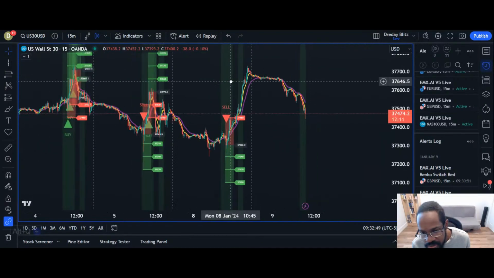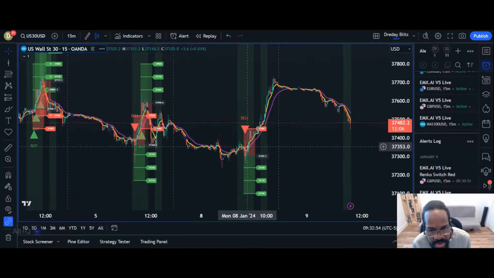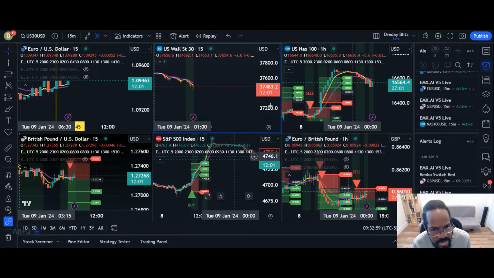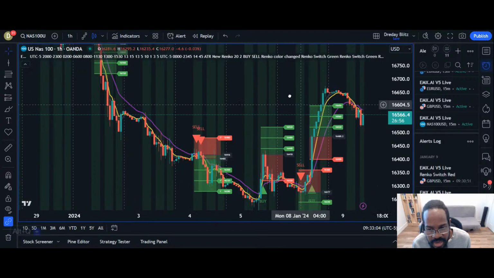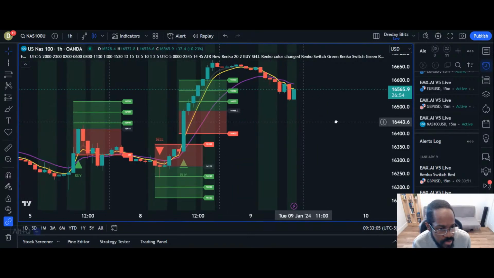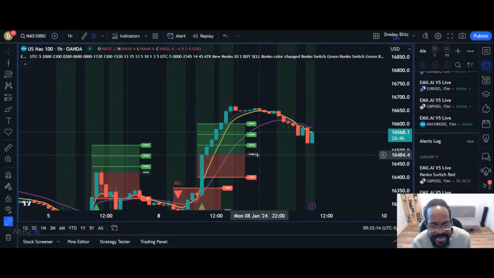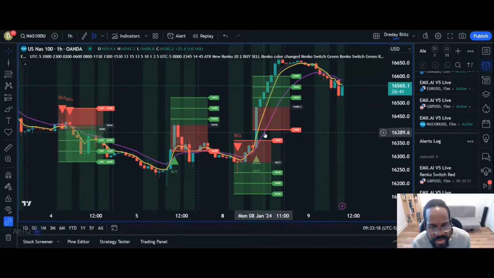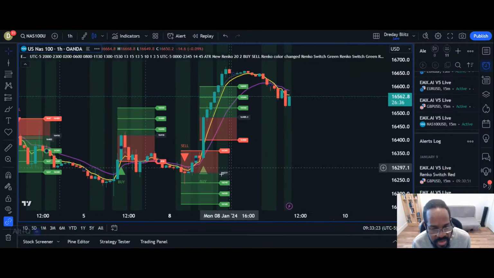We had a sell setup then, and then it reversed. On NASDAQ, we had a buy right at 9 yesterday, and that one hit TP3.